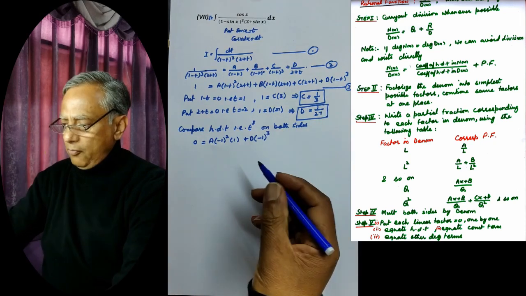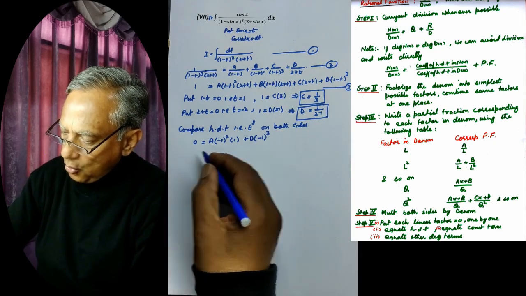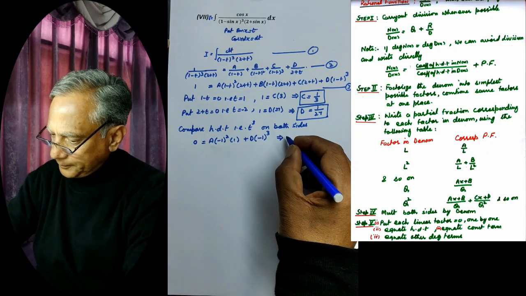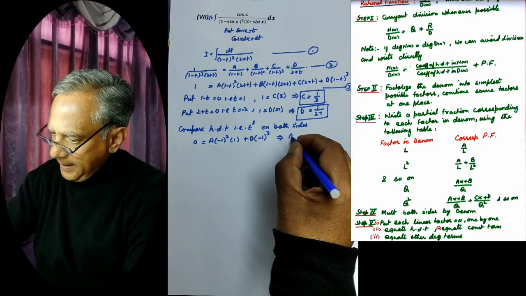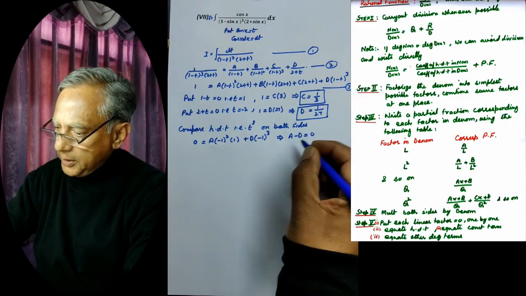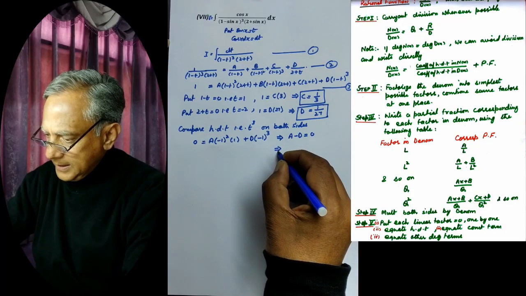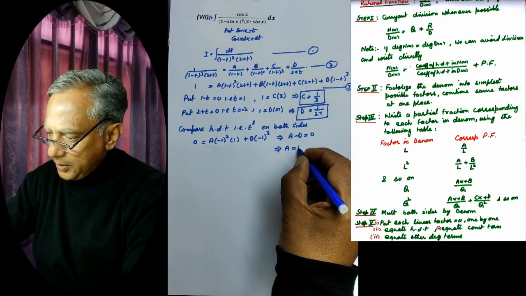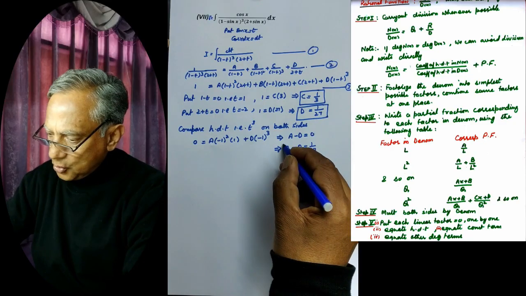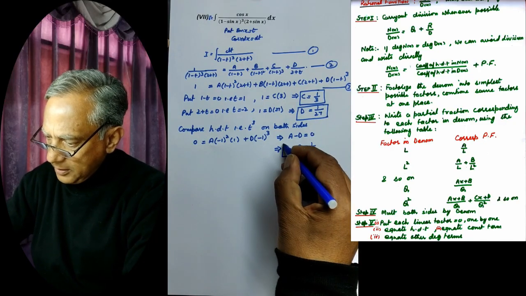So this implies a minus d is equal to 0. And this implies a is equal to d. And d is equal to 1 by 27. So a will be 1 by 27.